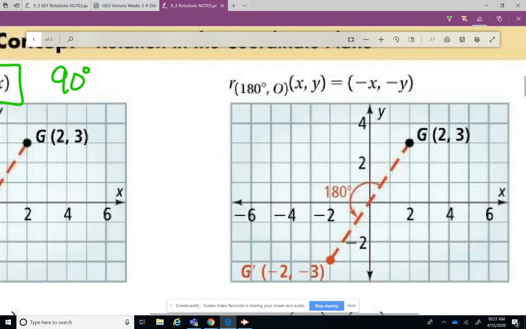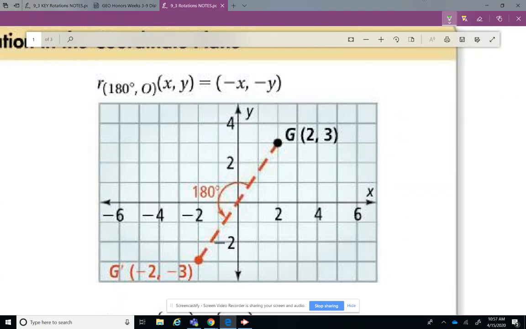All right, let's see what's going to happen if I rotate 180. If I took G, which is 2, 3, and I rotated it about the origin 180 degrees, then it's going to end up down here in quadrant 3. Now, remember, it's not always going to start in quadrant 1 and end in quadrant 3. If it starts in quadrant 2, where's it going to end up at? Right, quadrant 4.